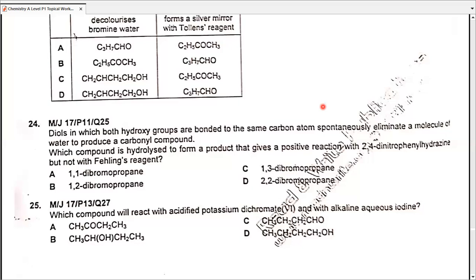Hydrolyze means we're gonna react it with water. That is right.